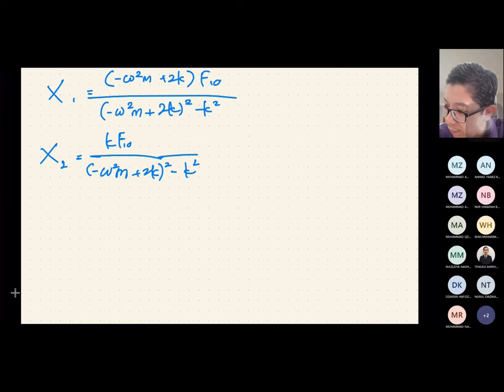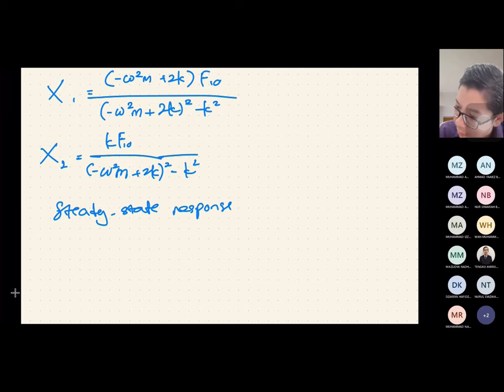So you can either, if you want you can expand this one if you want. If not, just leave it like that. Okay, so steady state response will be x1. Okay, so x1 t and x2 t.